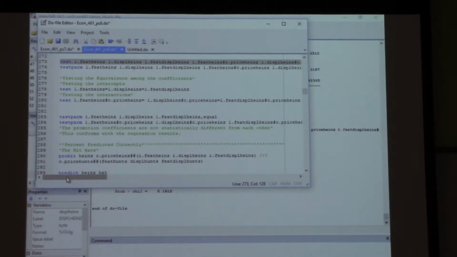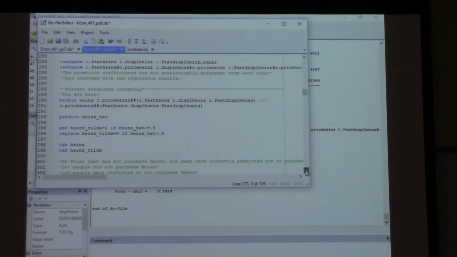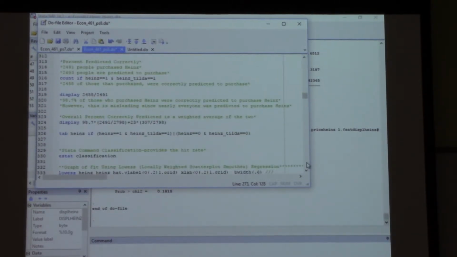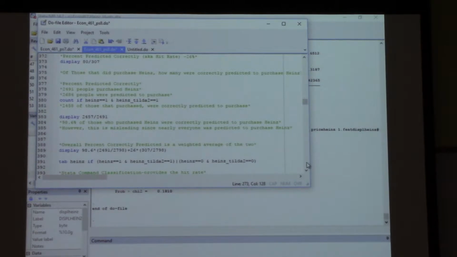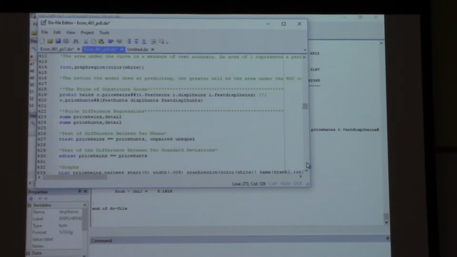Can we do the same for Hunts? Yeah, this is just our hit rate and all that other stuff. Logit model. ROC curve, we did that.